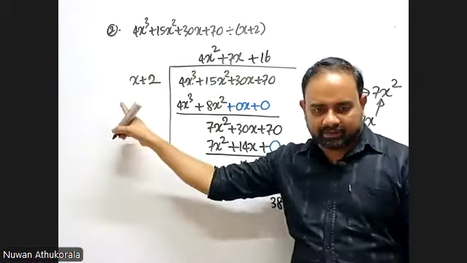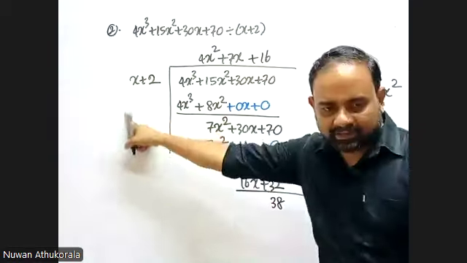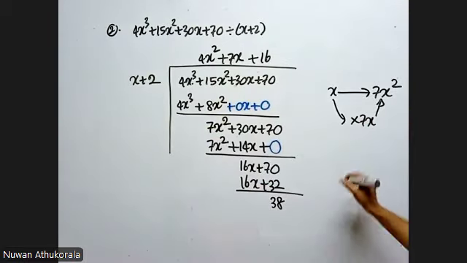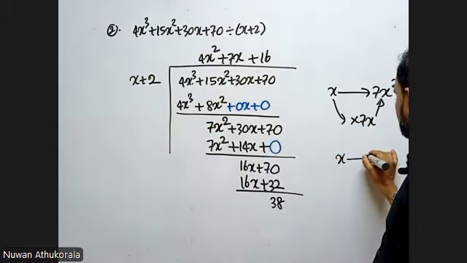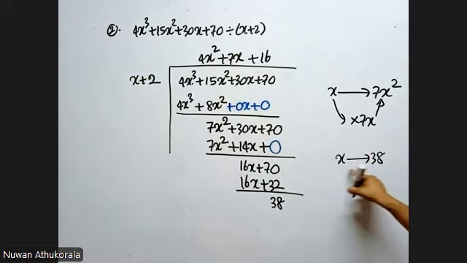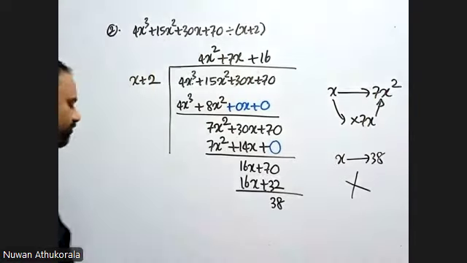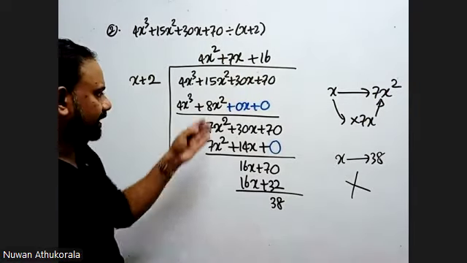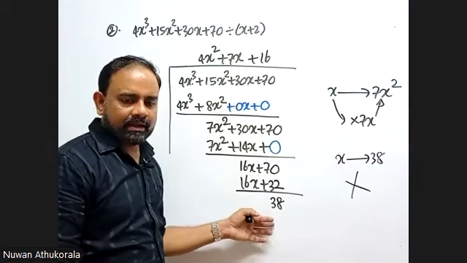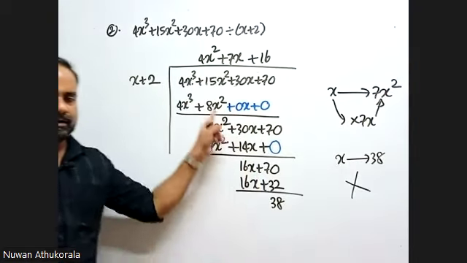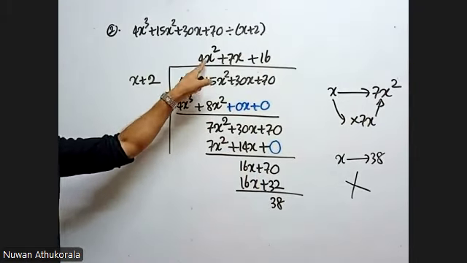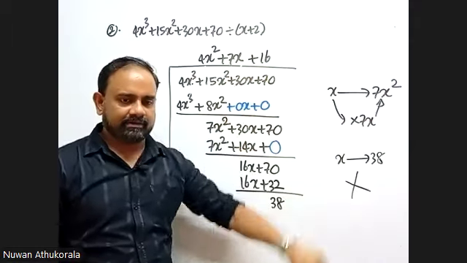We can't convert simple x into 38, right? Finally, we got the remainder. Remainder is 38. Quotient is 4x squared plus 7x plus 16.